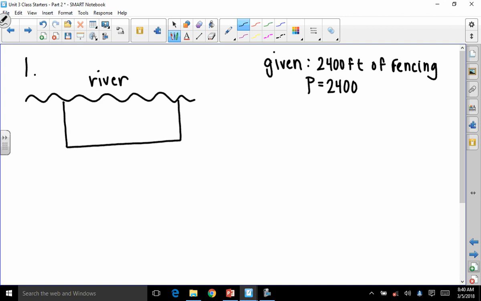So let's write an equation for what we know, and then we'll write an equation for what we're trying to optimize. So we probably need to give these some values. We have this length here. I'm going to use x and y. You use whatever you want if you want to make life more complicated.